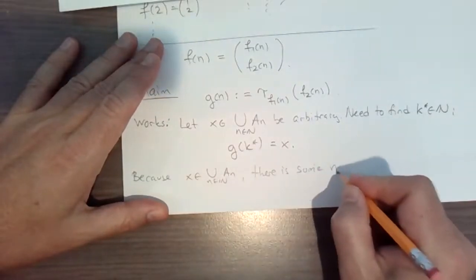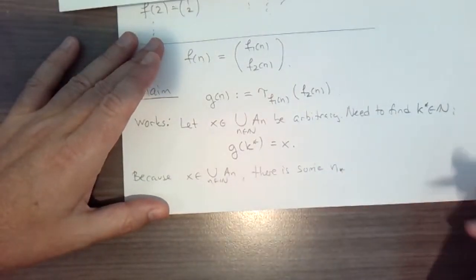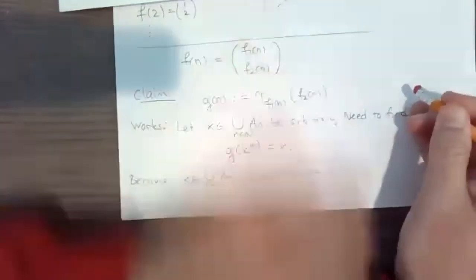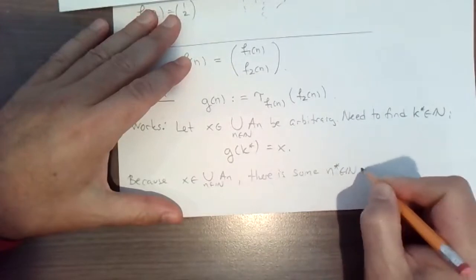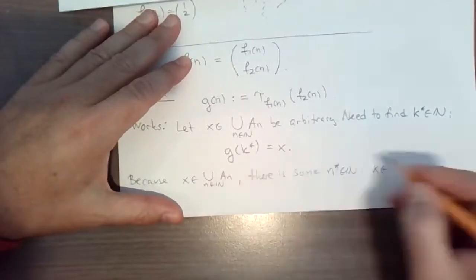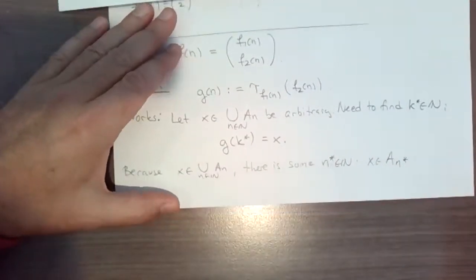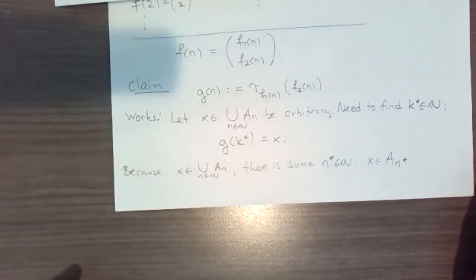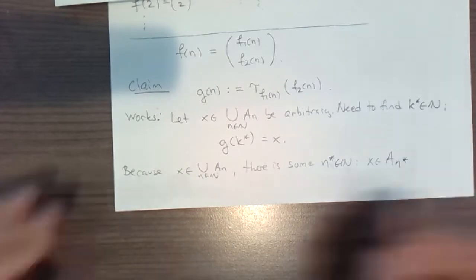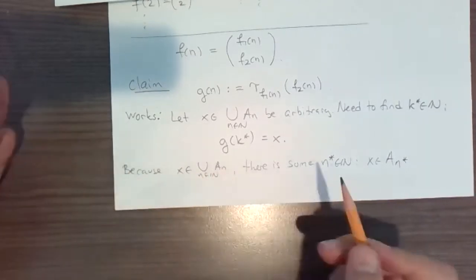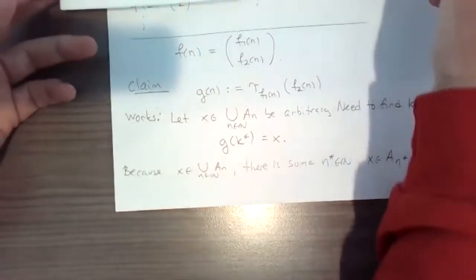There is some n star such that x belongs to A_n star. Because if I am in a union, what does it mean? You're going to be somewhere.